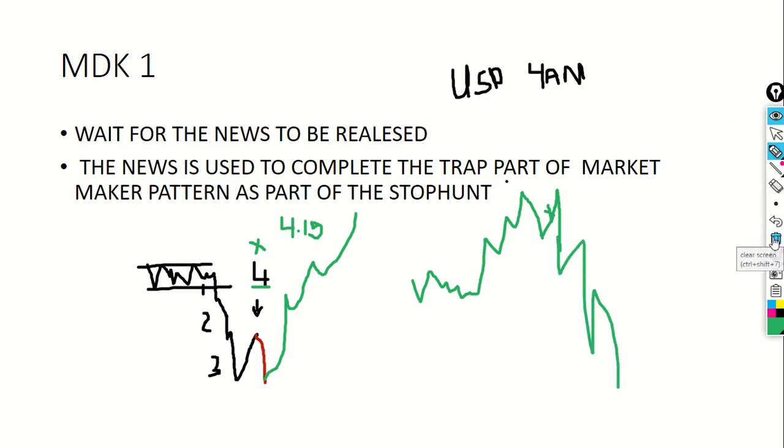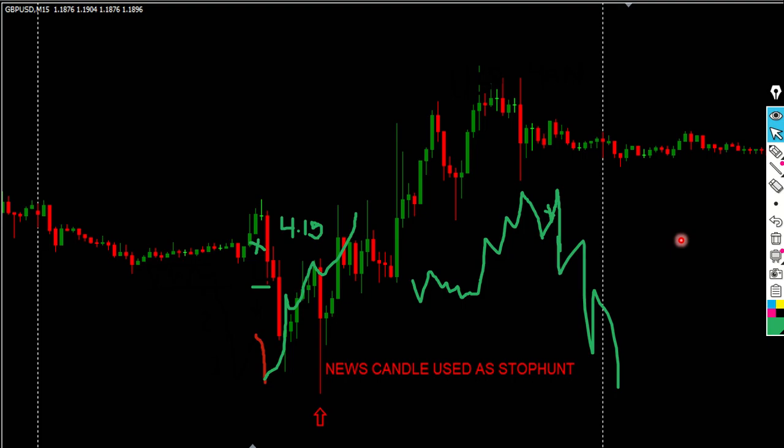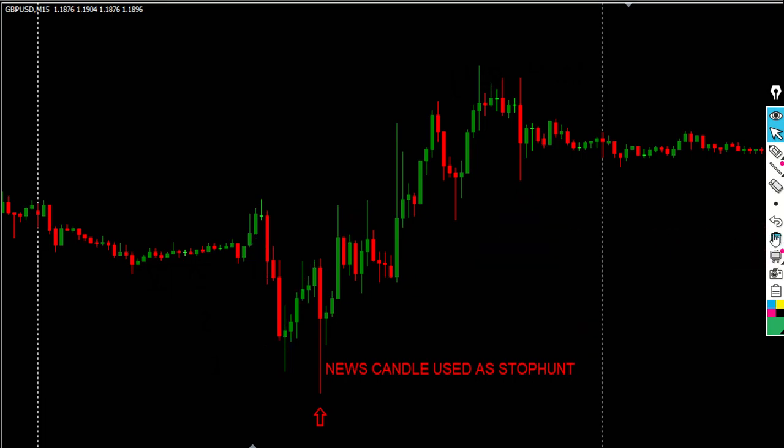Okay, I think you can see what I'm talking about in here. This was the news candle.